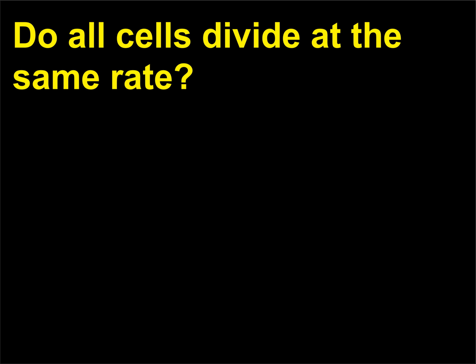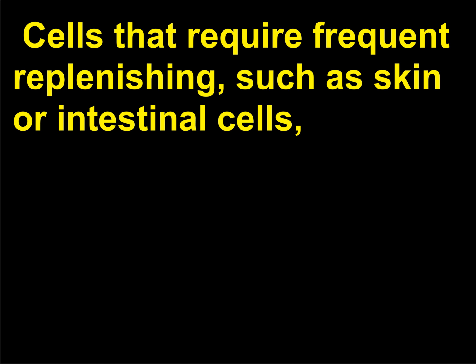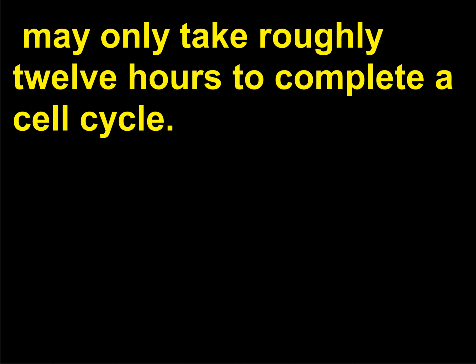Do all cells divide at the same rate? No, all cells do not divide at the same rate. Cells that require frequent replenishing, such as skin or intestinal cells, may only take roughly 12 hours to complete a cell cycle.